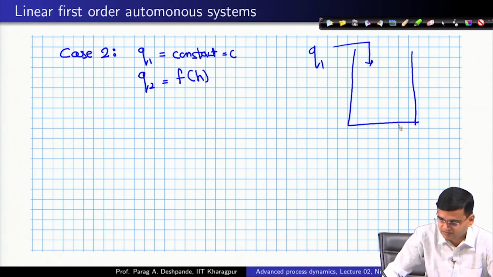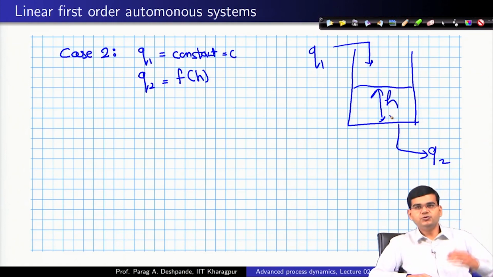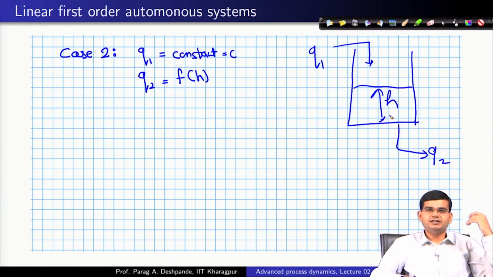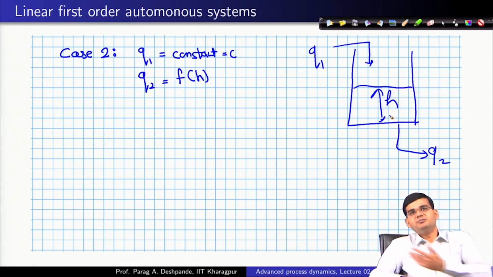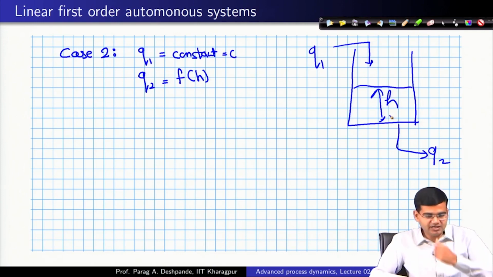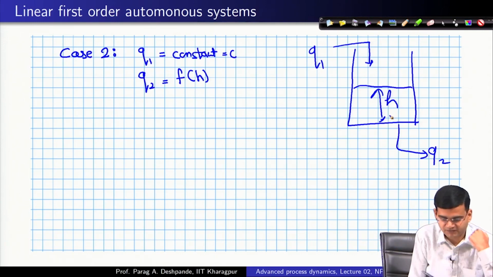Q1, Q2, H. So, you send the feed at a constant rate, and it is not very difficult to realize from physics that the output will be a function of the liquid level inside the tank. So, Q2 is a function of h.